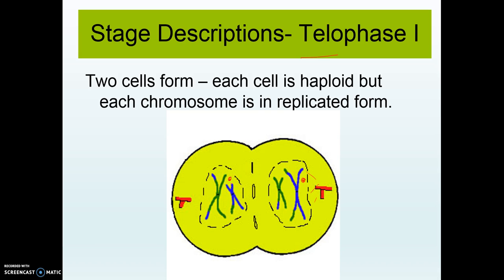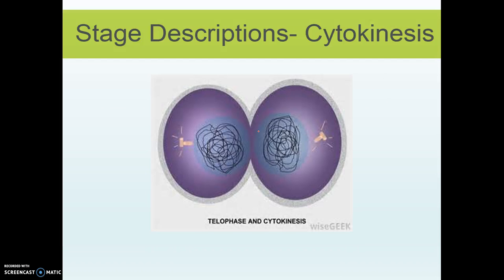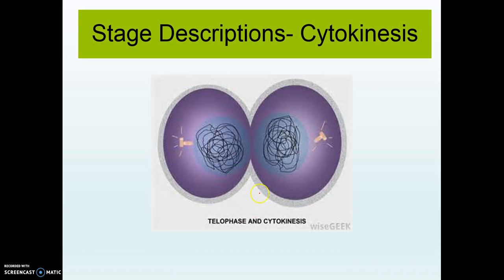All right, so here also you notice that the early phase of cytokinesis is setting in. The cells are getting pinched, the cytoplasm is going to get pinched, and as you can see, with cytokinesis, this cell is going to separate out, and you're going to get 2 cells, but only have one set of chromosomes.